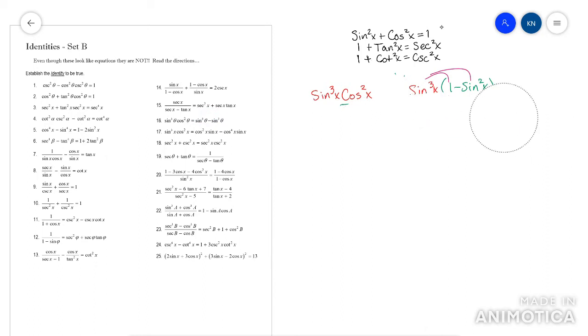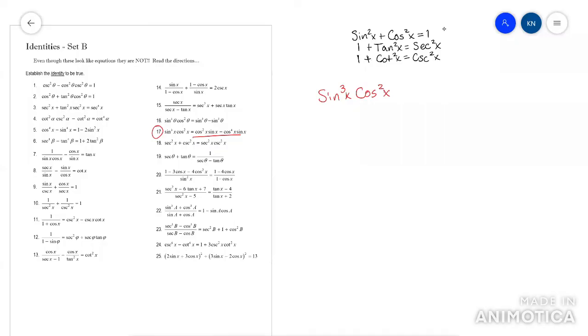Okay, 17. Got sine cubed cosine squared again. Sine cubed cosine squared. And I need to get it to a bunch of cosines and sines. So the thing that I was thinking about last time, just changing cosine and being done with it, that's not necessarily going to work in this scenario. So here's what you need to do on this one.